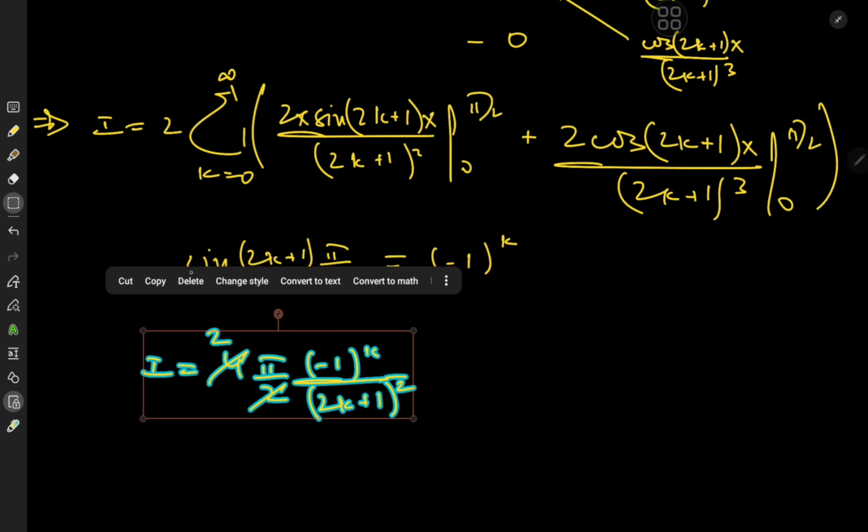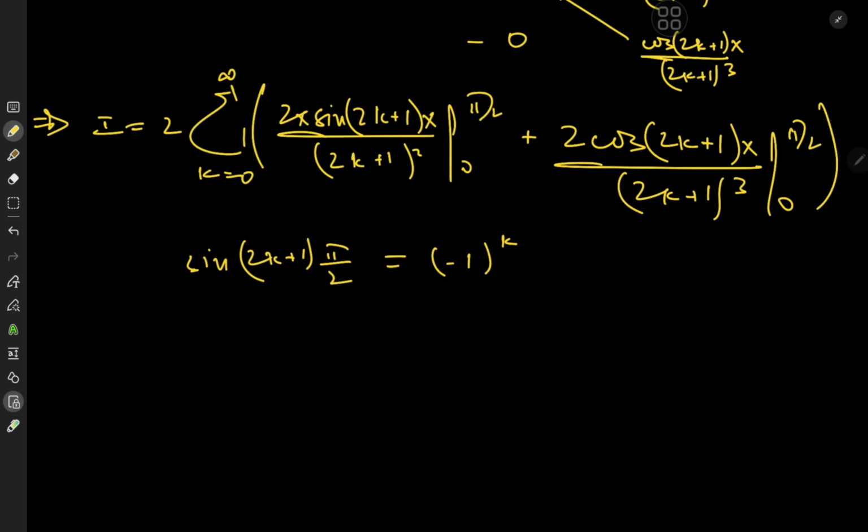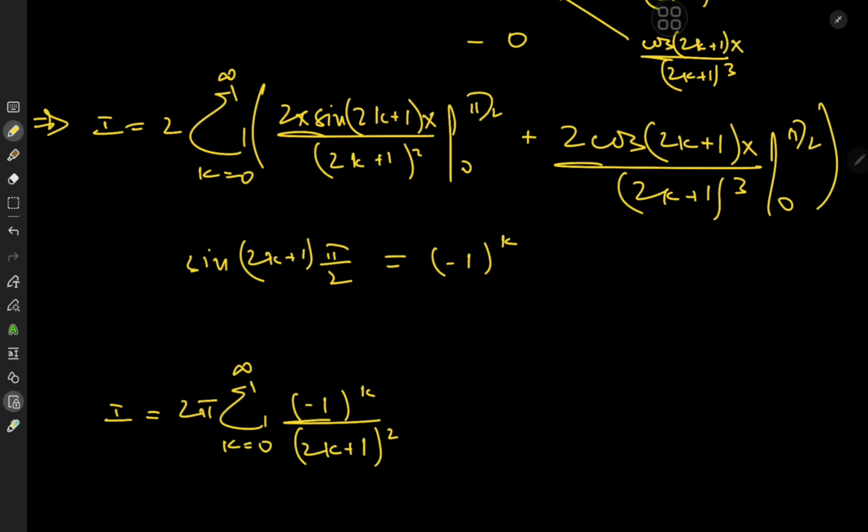I'm just going to rewrite it all. So I equals twice the sum over k from 0 to infinity, pi over 2 times 2 again, so that's 4, but then there was cancellation. 2 pi outside, negative 1 to the k over (2k+1) whole thing squared.